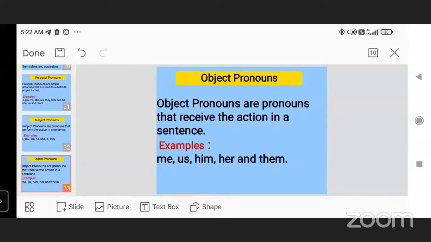The sentence can start with a noun or a pronoun, so don't get confused. The first part is the subjective, and the last part of the sentence is the objective. Be aware of which is the objective and which is the subjective.